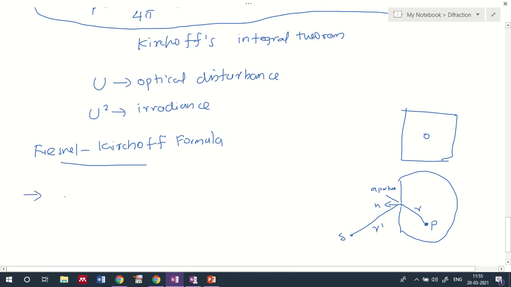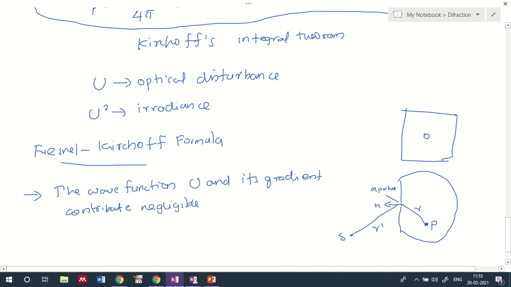The first is that the wave function u and its gradient contribute a negligible amount to the integral except at the aperture opening.